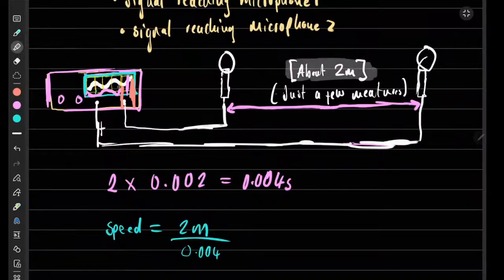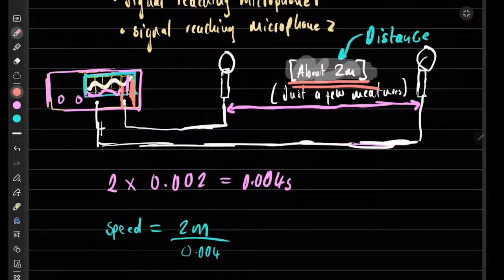Then we will check. So we now know the distance. Remember, you still use the same formula. Speed is distance over time. So this is where you get the distance here. Distance is here. Now you need time.